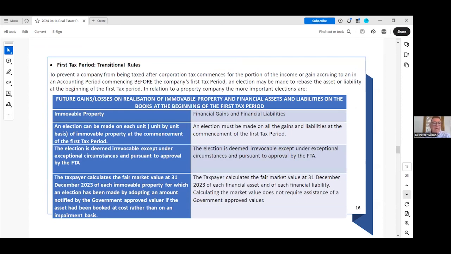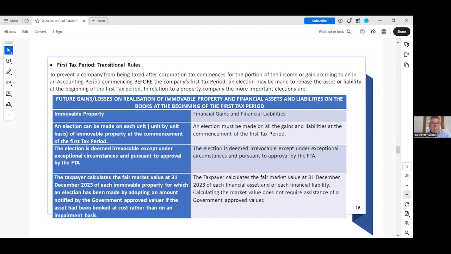So we know that there are transitional rules for companies that deal with unrealized gains in the companies at the time of the first tax period. And let's keep it simple. I'm a simple person. Let's assume every taxpayer is on a December year end. So let's assume we're talking about January the 1st.